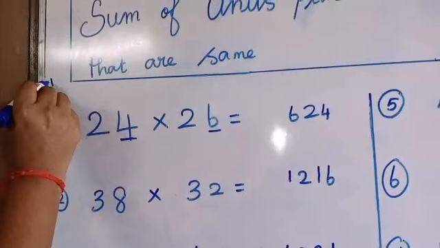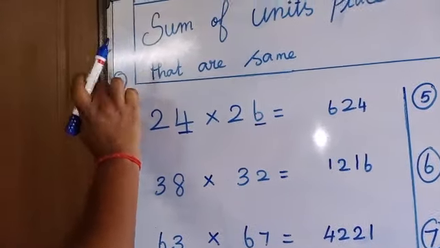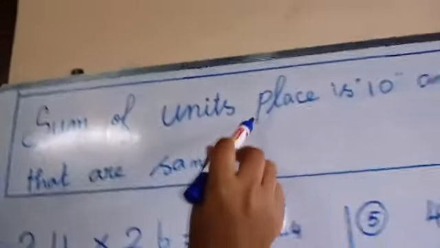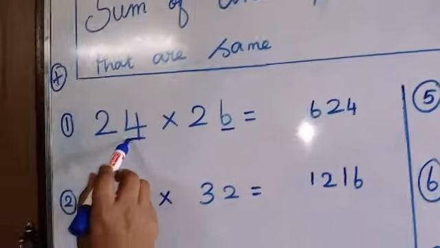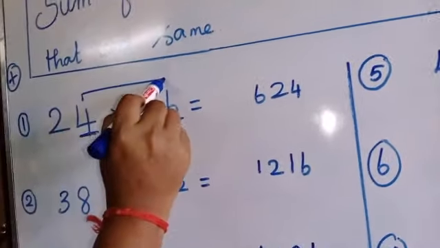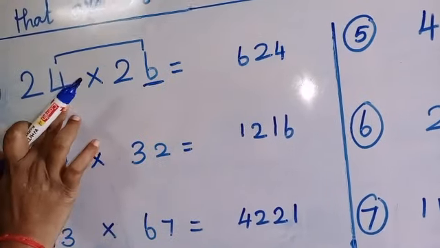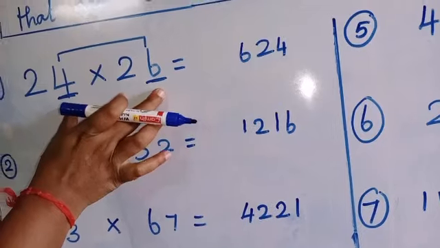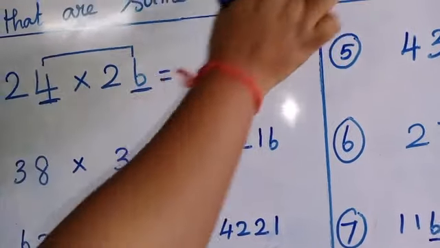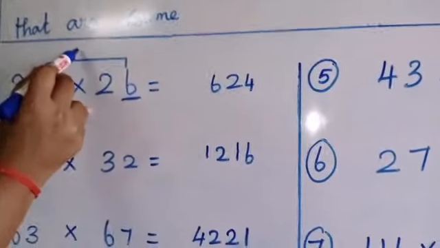Sum of means add or plus. This is the unit place. We want to add both numbers: 4 plus 6 will become 10. The sum of the unit place is 10.